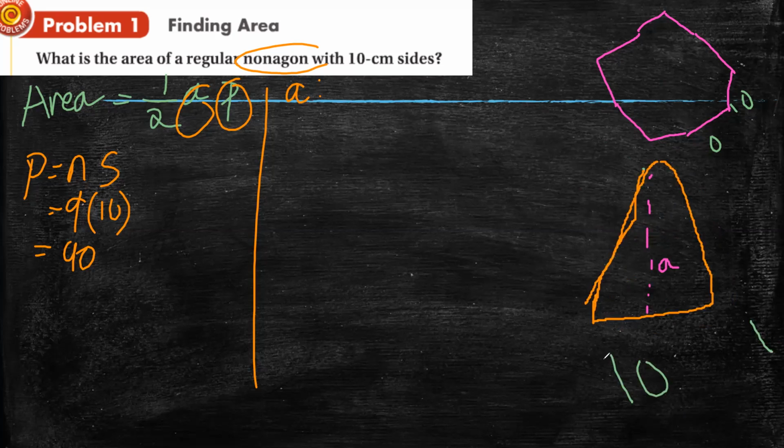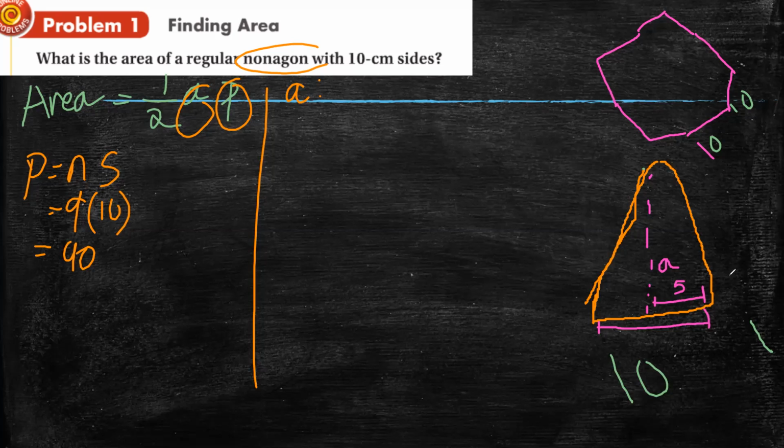So now here the length of the base is 10. So half of the base will be 5. Why do I need half of the base? Because, as you know, trigonometry is used in a right triangle. So I need now to use only a right triangle.